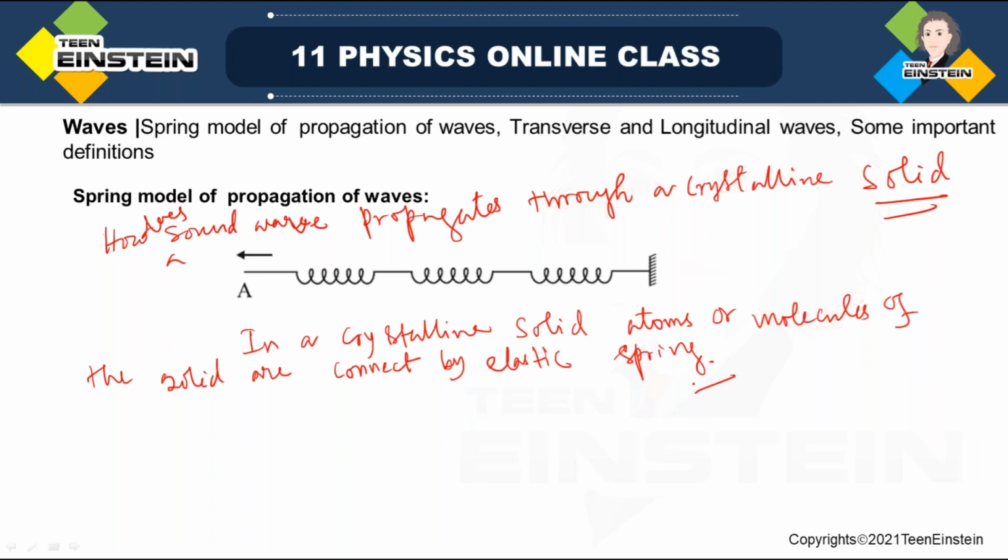Actually, this is a model, the spring model. Say you have two atoms in a solid. They have a bond between them, but this bond will act as an elastic spring. That's how it is.